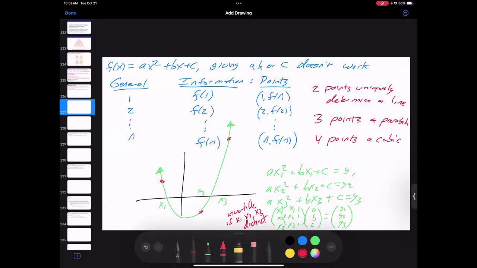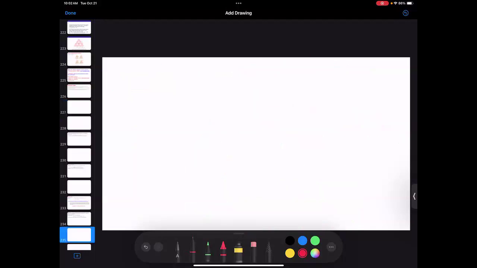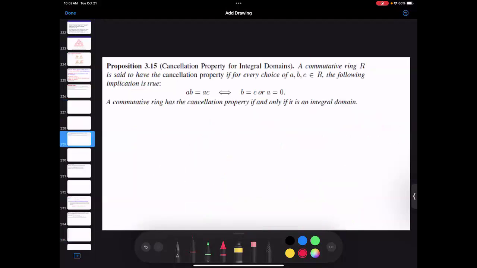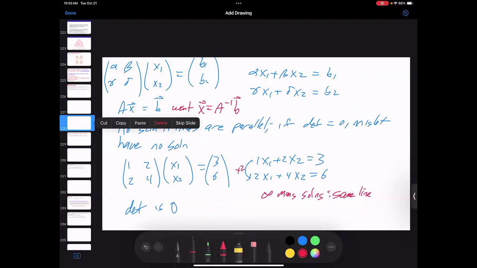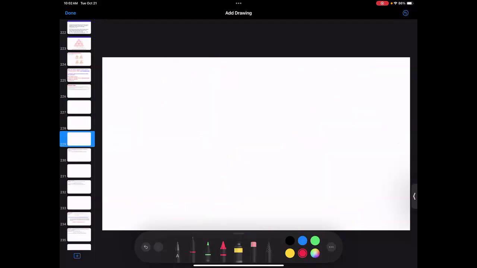Now, if they knew that it was the vertex and if they knew that the polynomial was symmetric. So you need to do it a little more. So making some more important.